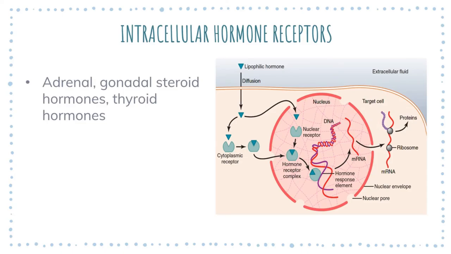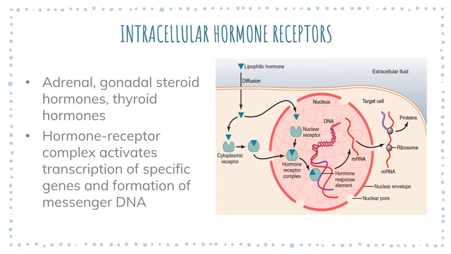These are a group of lipophilic hormones, steroid hormones and thyroid hormones, that are usually derived from cholesterol. These hormones usually bind to intracellular receptors, thereby forming a receptor-hormone complex, which then binds to the DNA and activates transcription of certain genes.